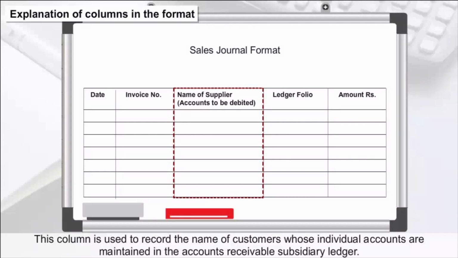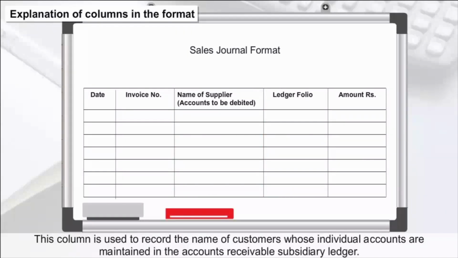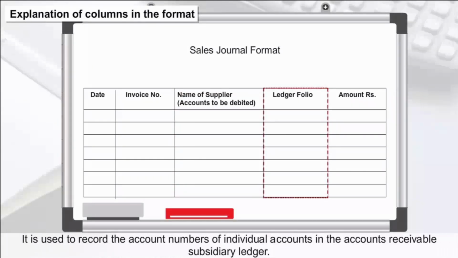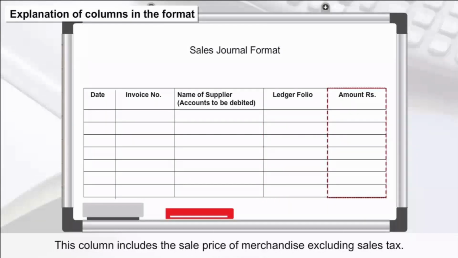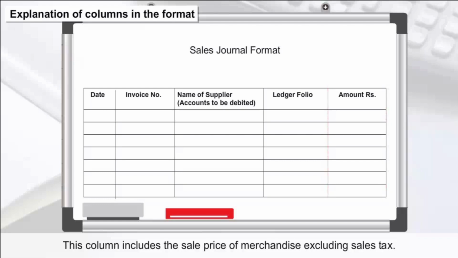This column is used to record the names of customers whose individual accounts are maintained in the accounts receivable subsidiary ledger. 4. Ledger folio. It is used to record the account numbers of individual accounts in the accounts receivable subsidiary ledger. 5. Amount. This column includes the sale price of merchandise excluding sales tax.